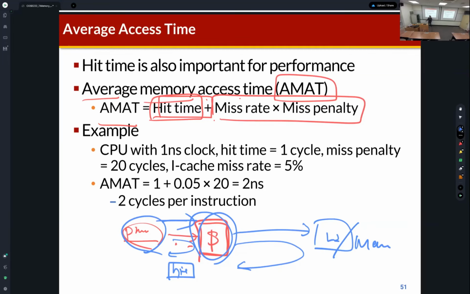Average time for receiving data from the cache. So we need to consider both the hit cases and the miss cases.